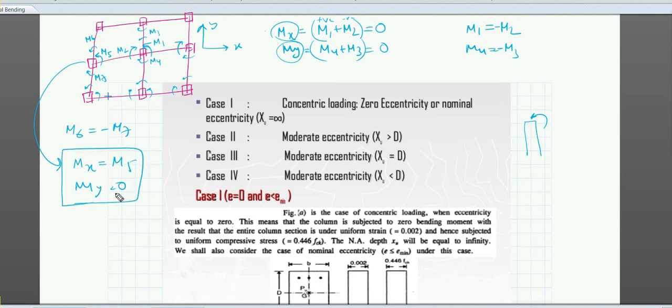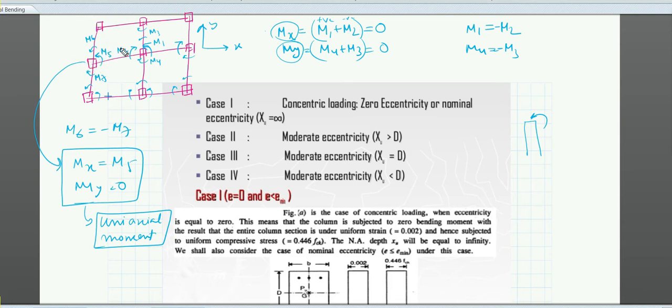So in this case this column will be designed for a uniaxial moment. Uniaxial moment will act, that means only in one axis your moment will be acting.